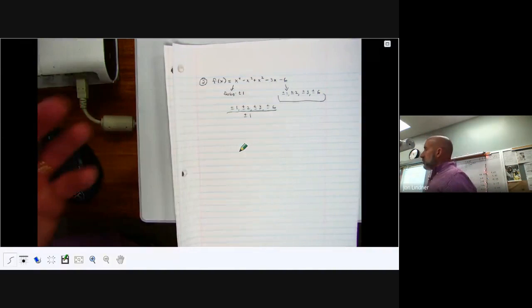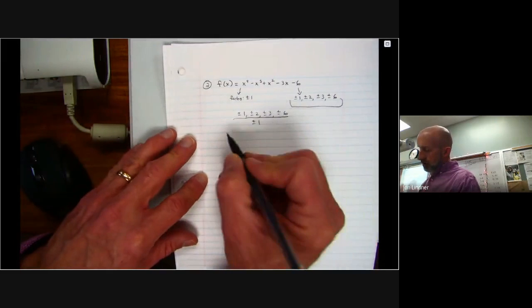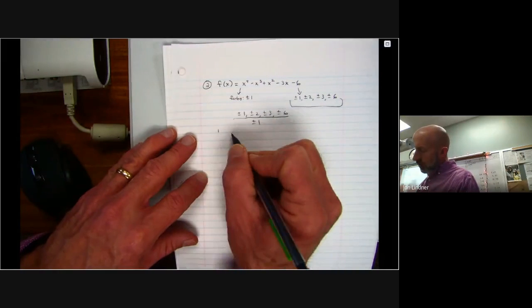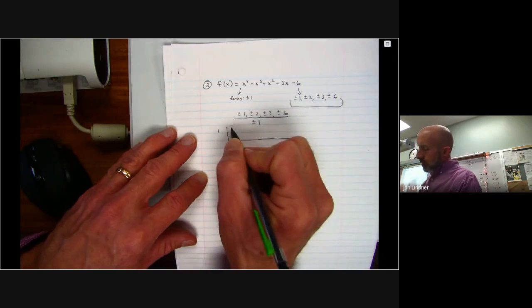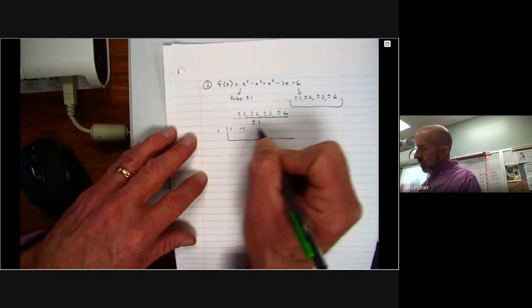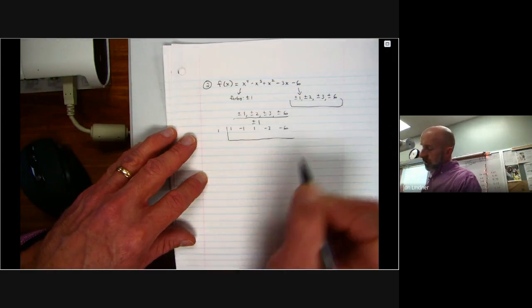So where do I start? Well, if you start with 1, that's always a good place to start. If you start dividing by 1, you have 1, negative 1, 1, negative 3, and negative 6.